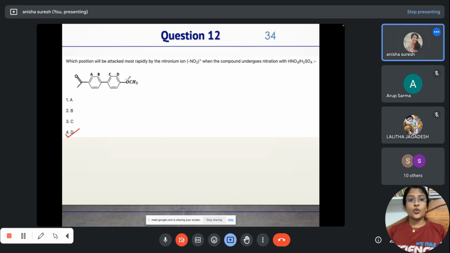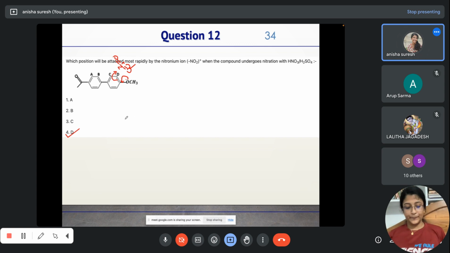Here this OCH3, this lone pair of electrons, it will push in this fashion. It can go and attack on the N double bond O, double bond O plus. Here the para positions are not free. So option D will be the correct answer.